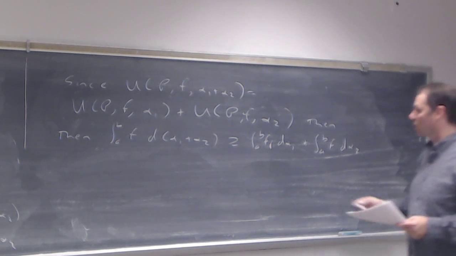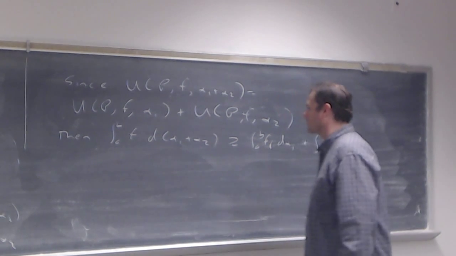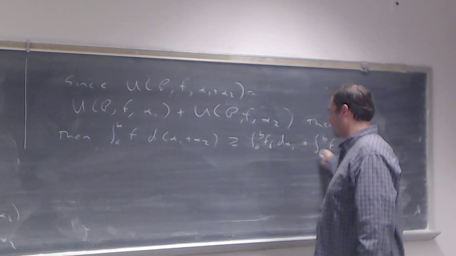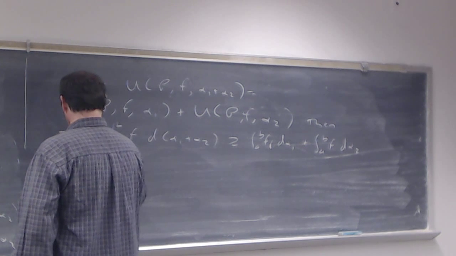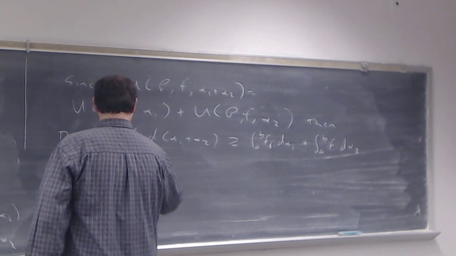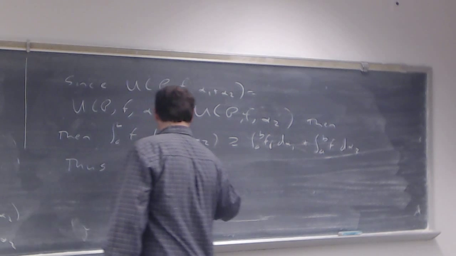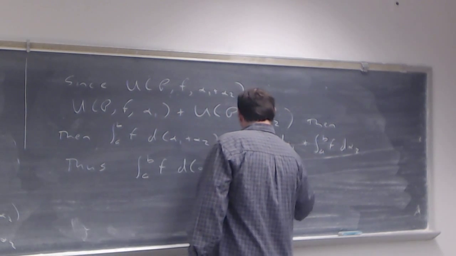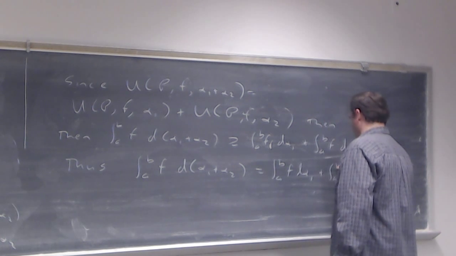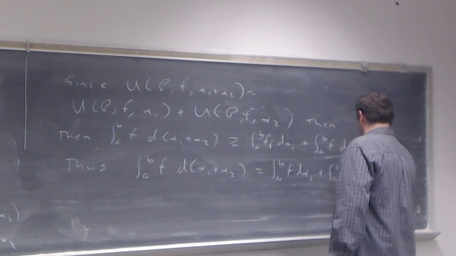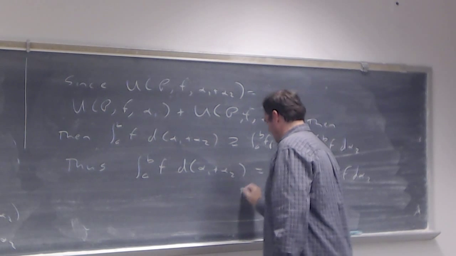Okay? And so we have inequalities involving this integral and the sum of these integrals in both directions. So that means those two things must be equal to each other. And that's what we wanted to prove. Okay, so that ends this theorem.